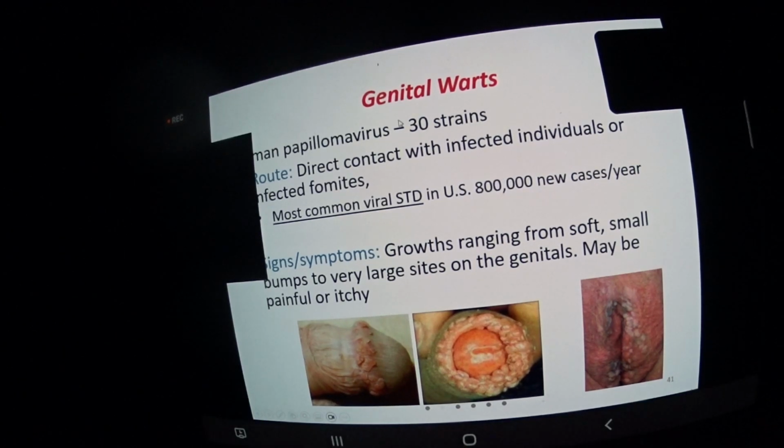It tends to be the most common viral STI in the United States, with 800,000 cases per year. Like the skin warts, it causes genital warts, just in the genital region.